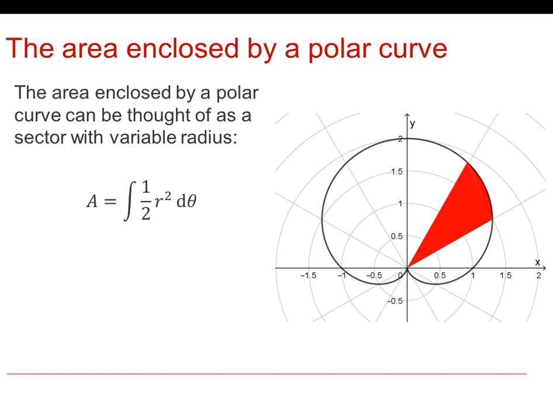So the area enclosed by a polar curve, such as shown in the example here, can be thought of as a sector with variable radius, and depending on the values, say alpha and beta, of theta between which we want to integrate, these then would become the integral limits, remembering that they must be in radians.